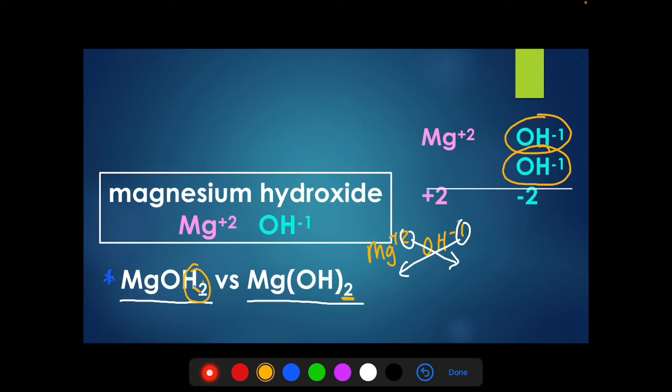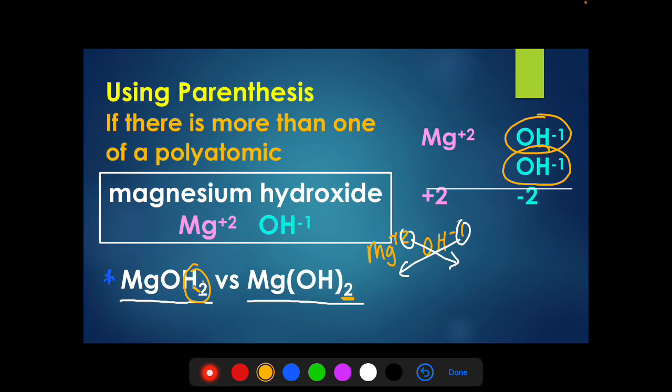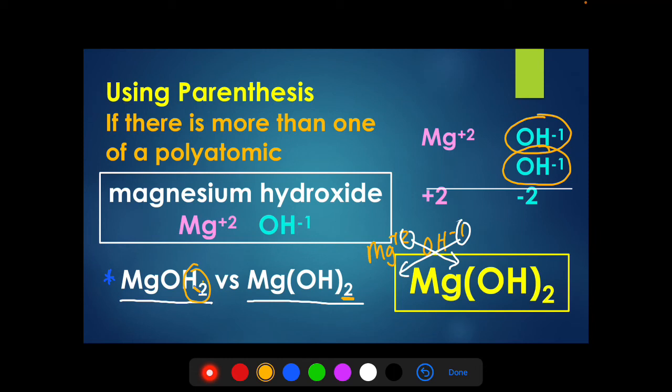So if you are crossing your subscripts down and you find that you need more than one group or more than one polyatomic ion, that's when we're going to use parentheses. If there is more than one of a polyatomic ion needed, use parentheses. So our formula for this one is going to be Mg(OH)2 to show that we need 2 groups of OH and not just an O and 2 H's.